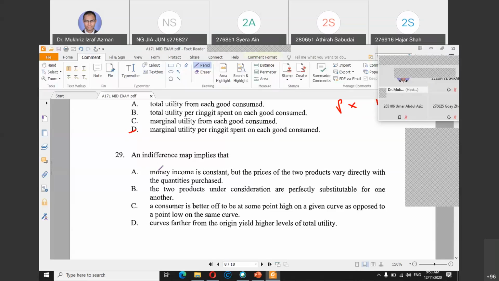The word indifference basically means you have different combinations.